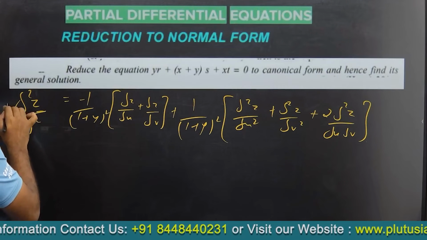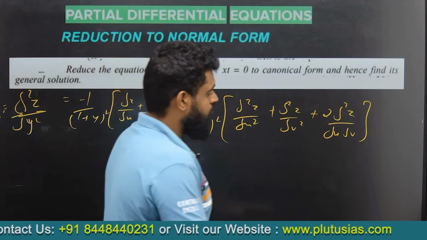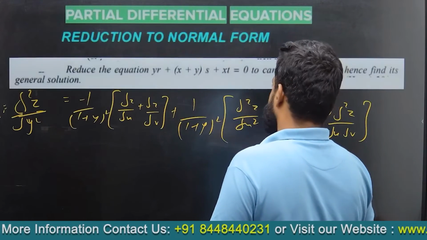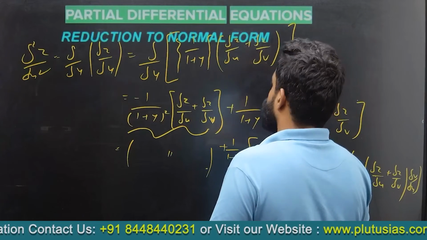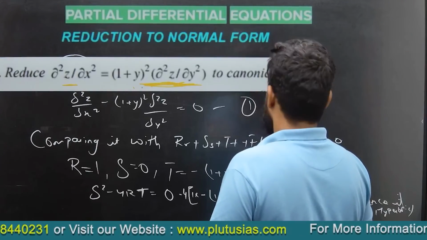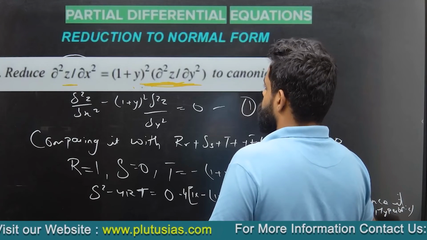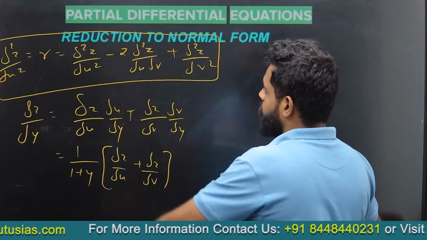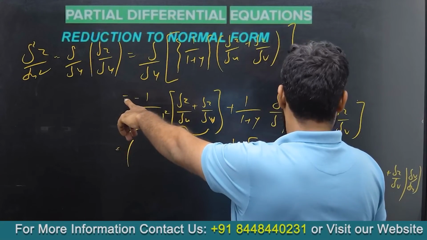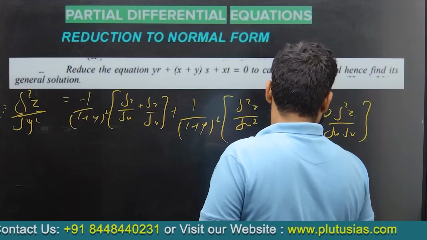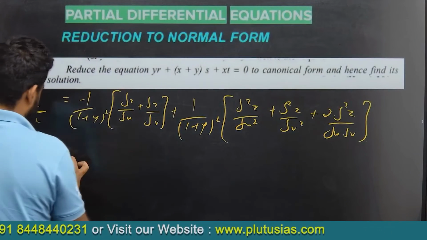Now in the original equation we put these values. We have ∂²z/∂x², and for ∂²z/∂y² we have this value.